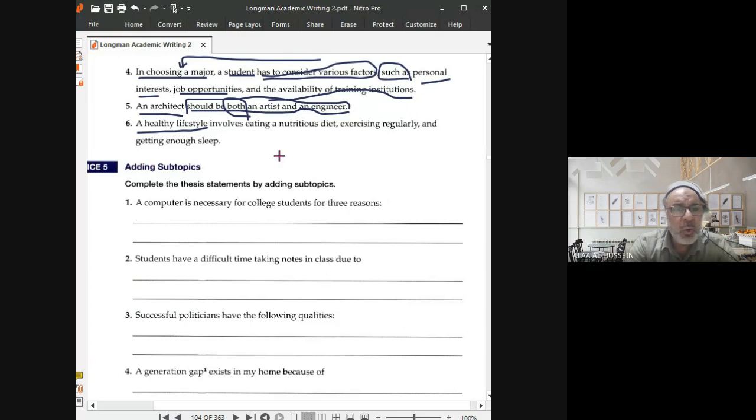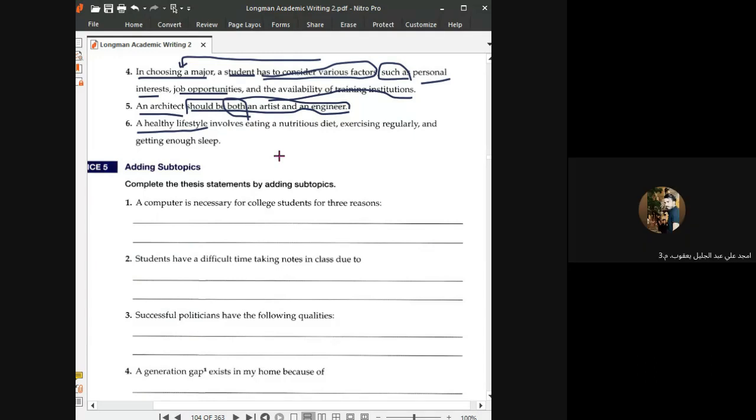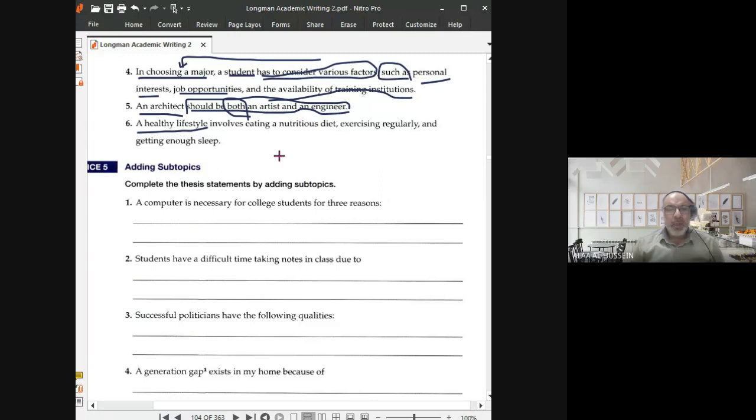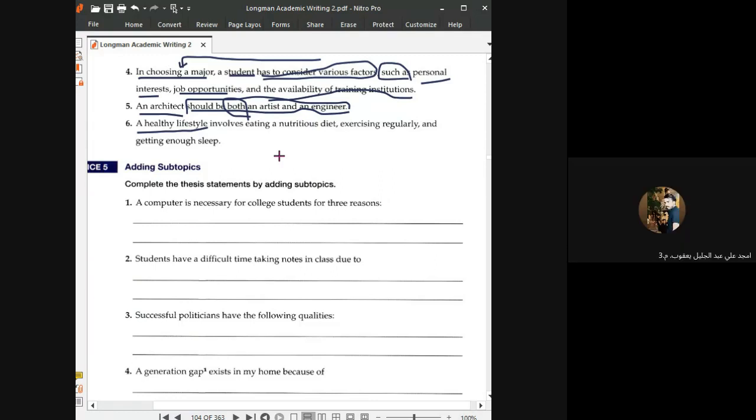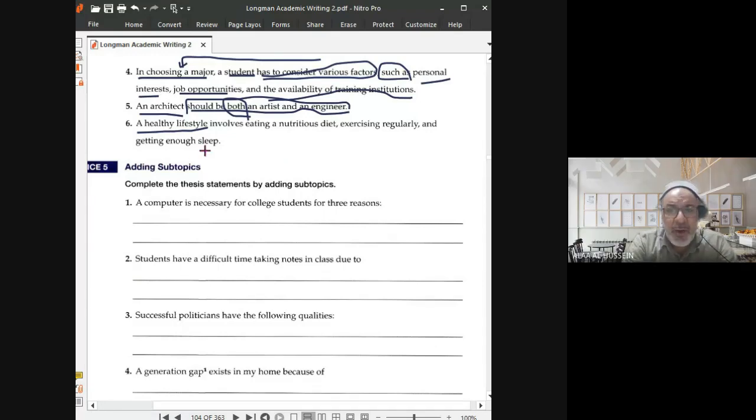What about the controlling idea? Where is the controlling idea? Also, it is a signal phrase. Yes, the signal phrase "involves," excellent, and at the same time it starts the controlling idea.